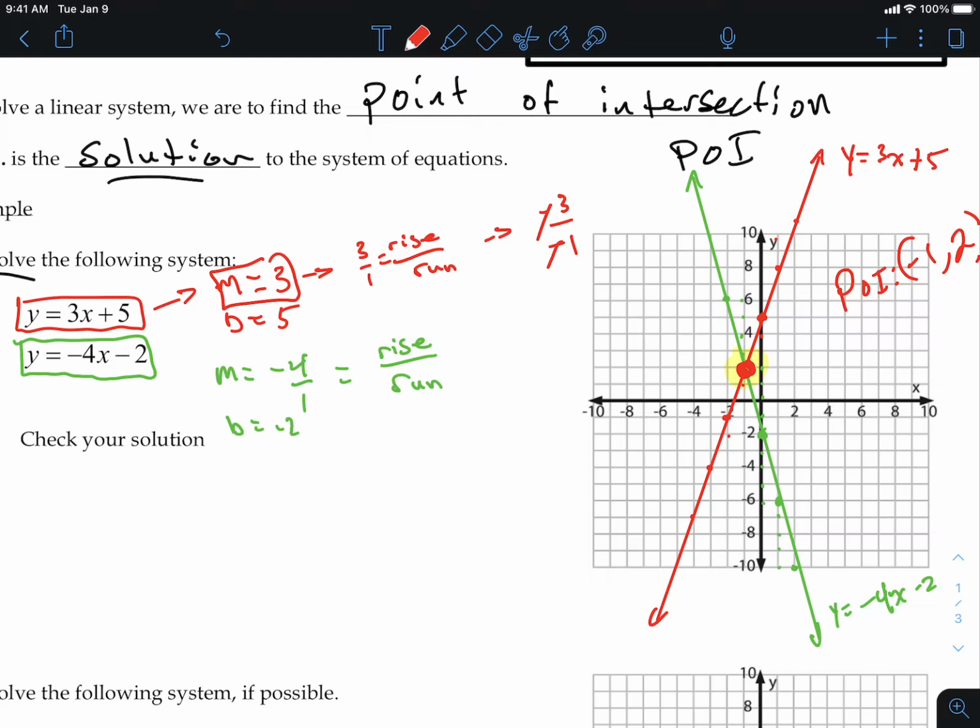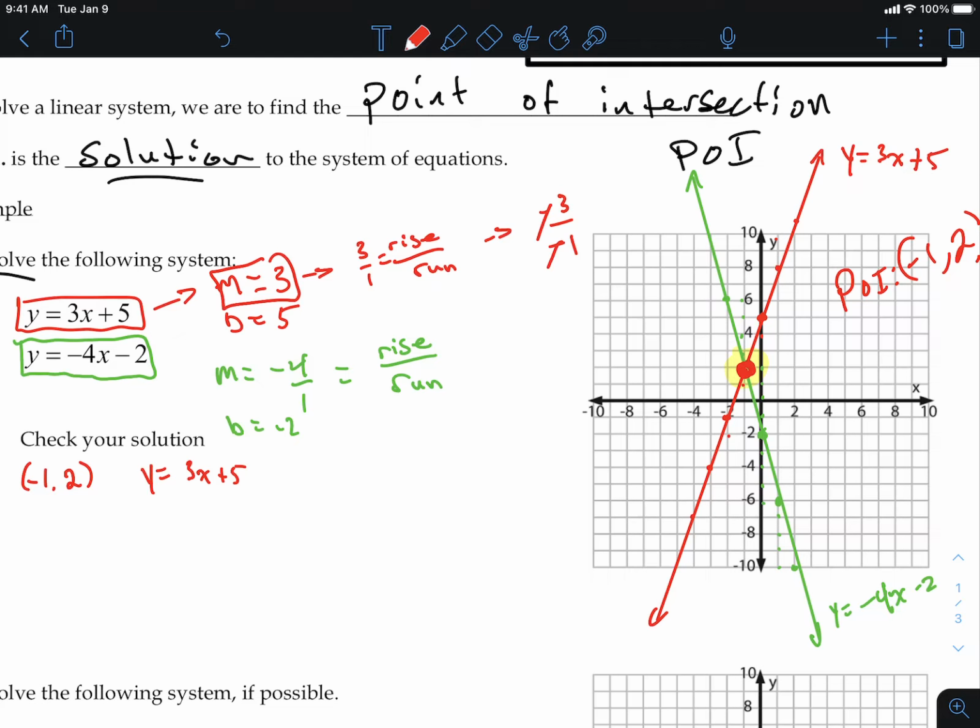Okay, and then to check your solution to see if you're right or wrong, it needs to satisfy both equations, okay? So I'm going to write the point here again. That's your solution. You're going to check it in both equations. So I'll write the equation that I'm doing, y equals 3x plus 5.